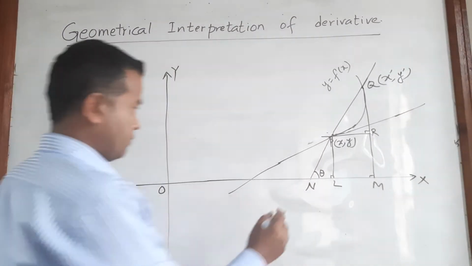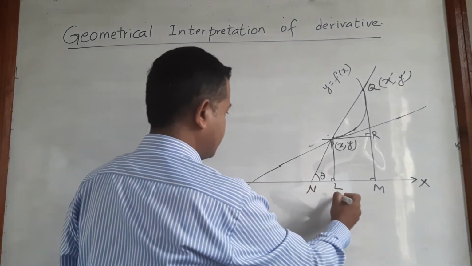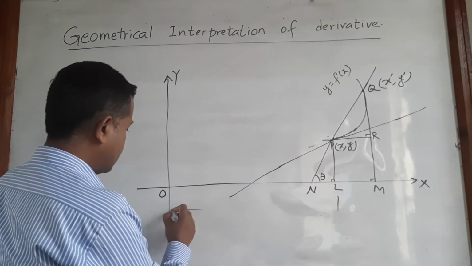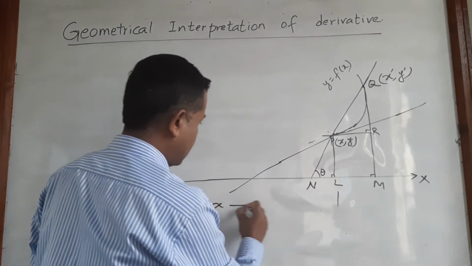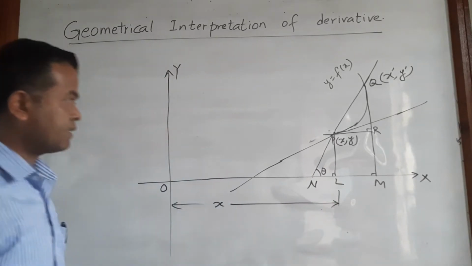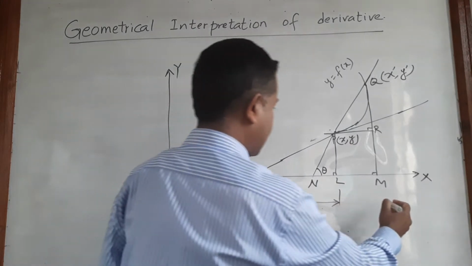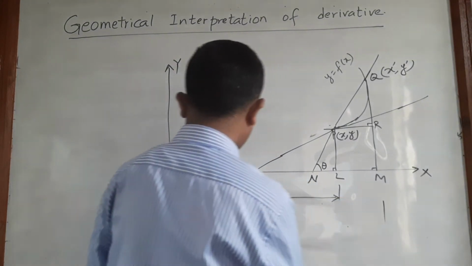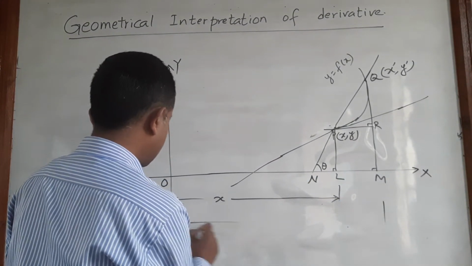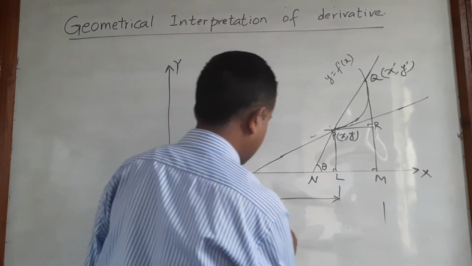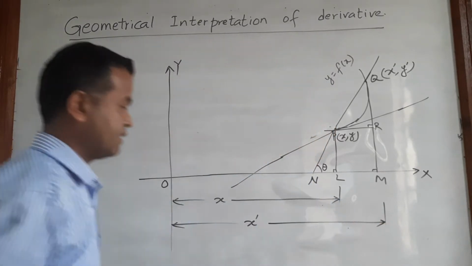So this length OL is x, and this length OM is x'.